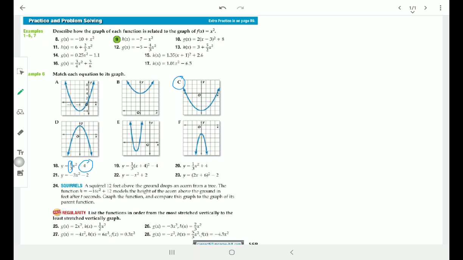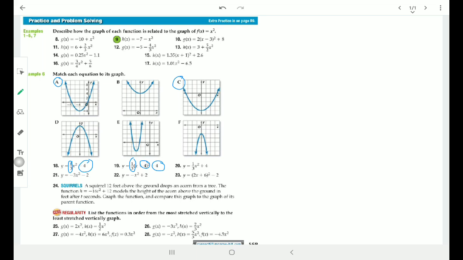And if I wanted to do 19, I know it's being compressed because of the 1/3. I know it has to shift left 4 because that's a +4, so that means h is actually -4. And I know it's being moved downward 4, right? So left 4, down 4, and compressed. And if I look, the only one that it matches is A, right?